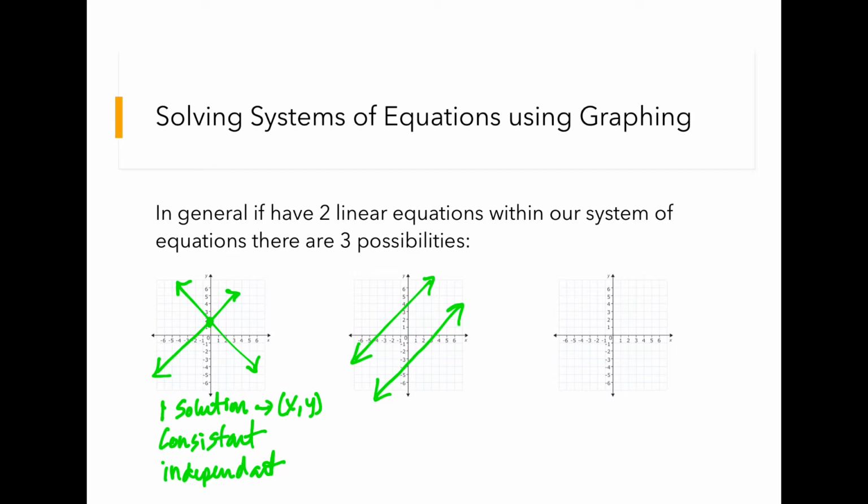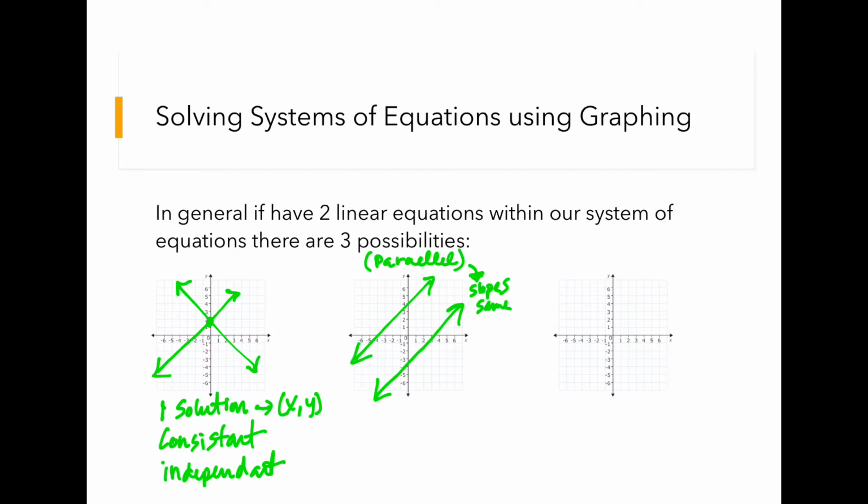The other possibility is that when we graph our two lines, we find that they do not cross each other. This would be, of course, if they are parallel to each other. And if they're parallel, that means they're never going to cross. The only time we have two parallel lines is if their slopes are the same. If two lines have the same slope, they are rising and running in the same direction, and so generally, they're not going to cross anywhere.